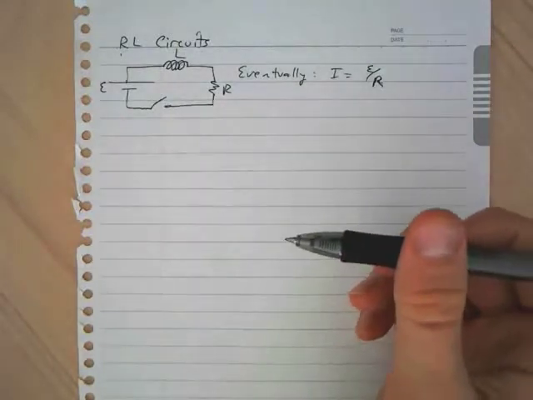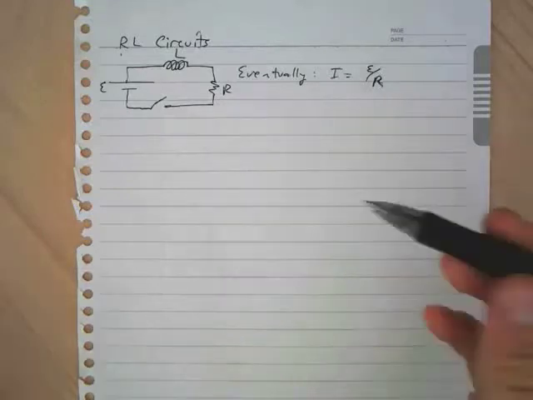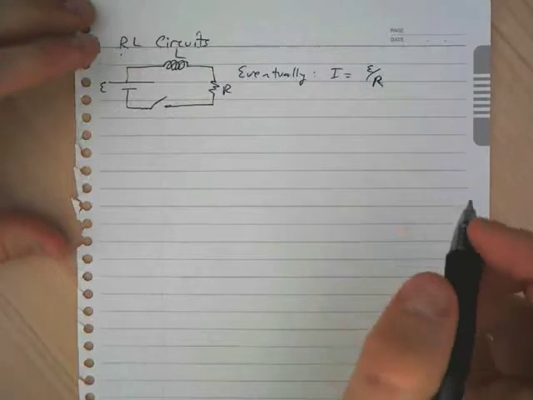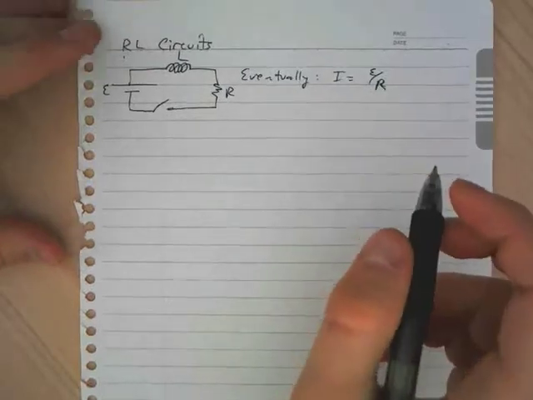And the way that the current builds up, the equation looks a lot like the equation for the charge building up on a capacitor in an RC circuit.